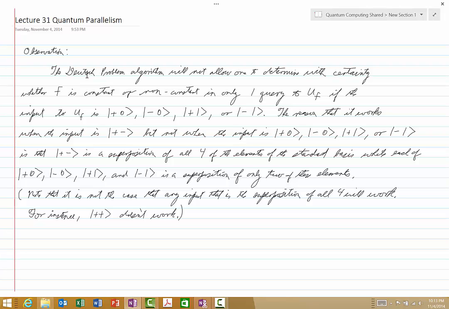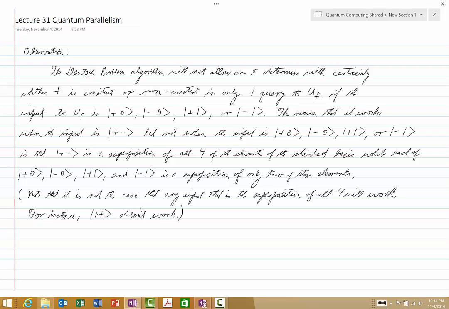But in effect, we are looking at the action of f on four different things, because plus minus is the superposition of four different elements in the standard basis. And so this is the idea of quantum parallelism, and this is where we're getting some of our superior performance to the classical algorithm, because we just don't have anything like superposition in the classical case, but in the quantum case, we saw that we did.